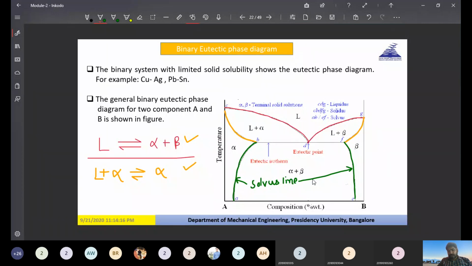Can you tell me the composition of A and B? I am asking a question to all of you. Tell me the composition of A and B where the melting point is minimum.